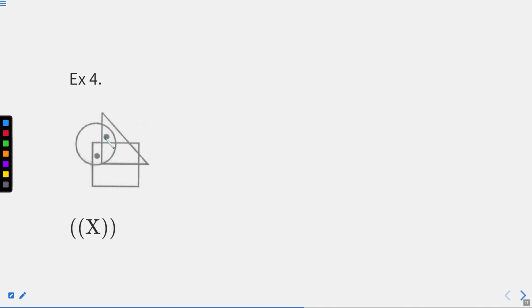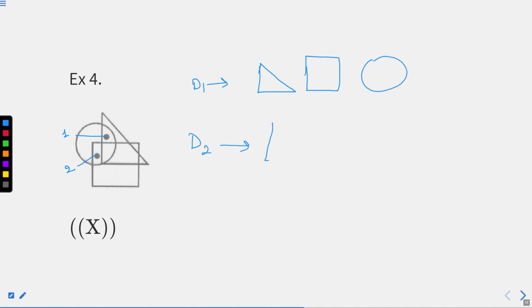First, we have already finished. Second, we are dealing. So, first we'll mark this as dot number 1, this as dot number 2. For dot number 1, the figures available are a triangle, a square, a circle. For dot number 2, the figures available are a triangle, a square and a circle. I hope you find it well.